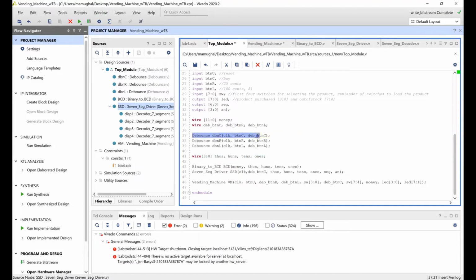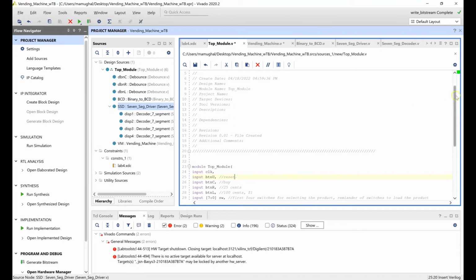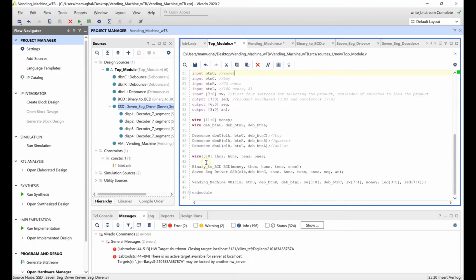This is instantiating the debounce module 3 times. Remember, this one was for the buy, this one was for the right is quarter, the left button is for dollar. I could have just added one more for the reset, but it's really not needed, so I'm not going to worry about it. And then binary to BCD module, and then 7-segment.